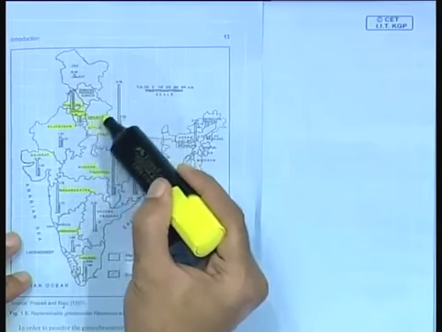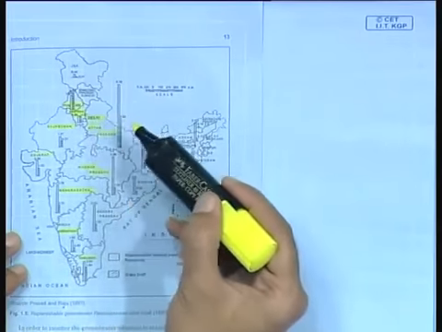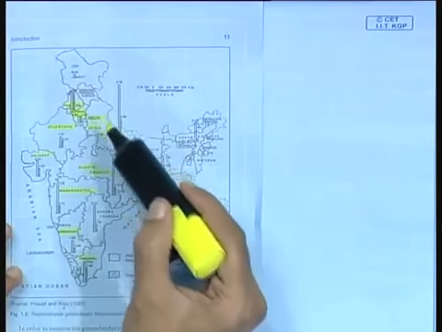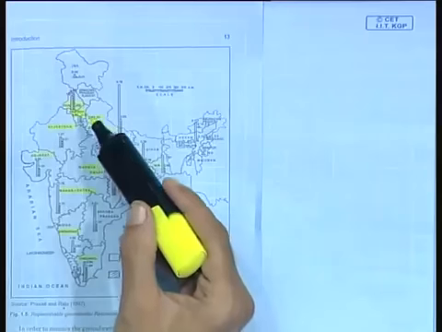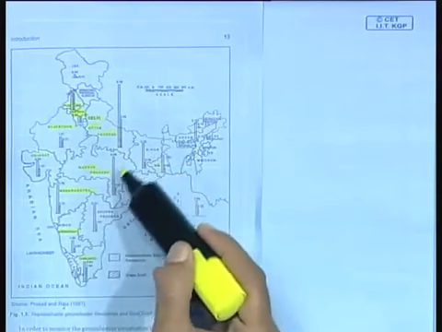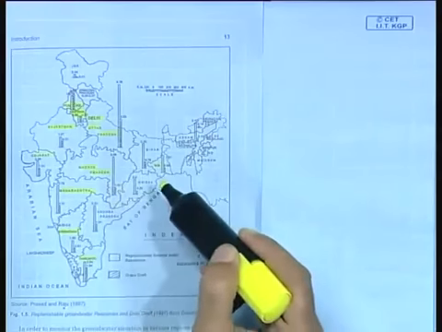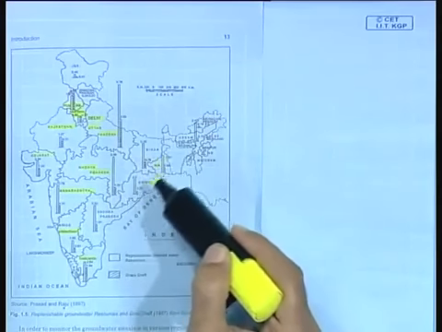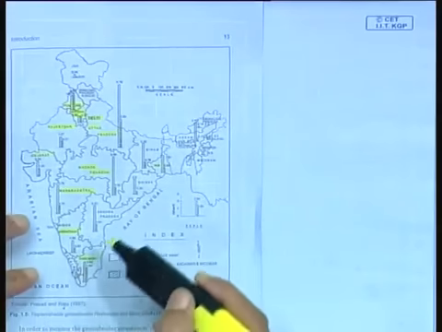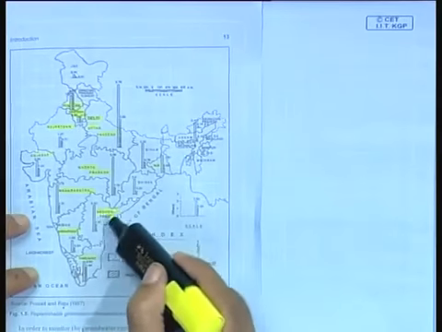Of course, this is an old map of India, so it does not show the new states of Uttarakhand, which is carved out of Uttar Pradesh, and Chhattisgarh, which is carved out of Madhya Pradesh, and Jharkhand, which is carved out of this one. So, as you can see here, a significant area, of course, Andhra Pradesh also.